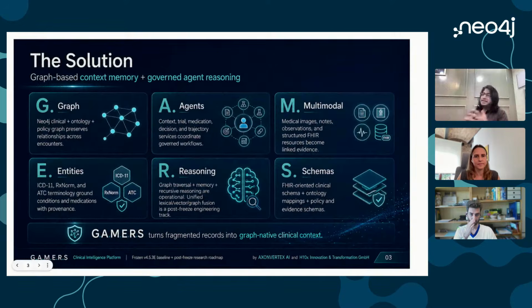So G.A.M.E.R.S, as we said, G stands for graph. We are using the Neo4j database for storing everything. When we go through, we're not only looking at the policies which govern the reasoning models or the reasoning capabilities, but also the EU AI Act.